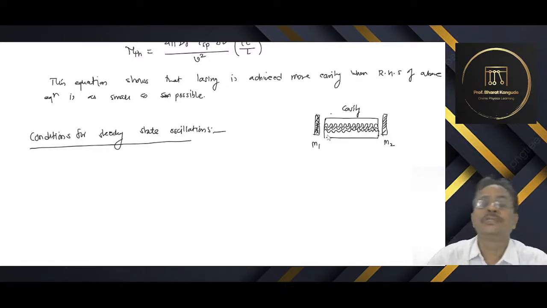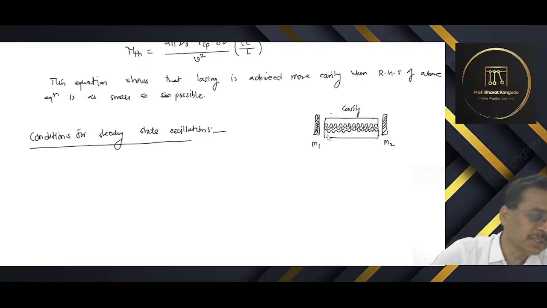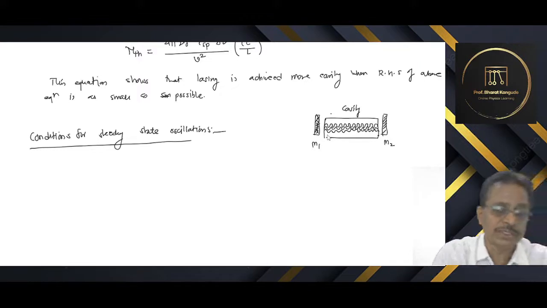All the light that is generated in this cavity after the lasing action must be in phase, as well as have amplification, as we have already seen. So these two conditions are to be fulfilled.